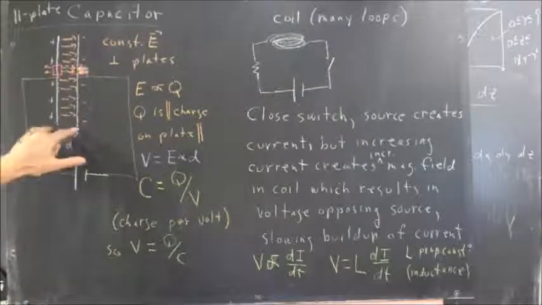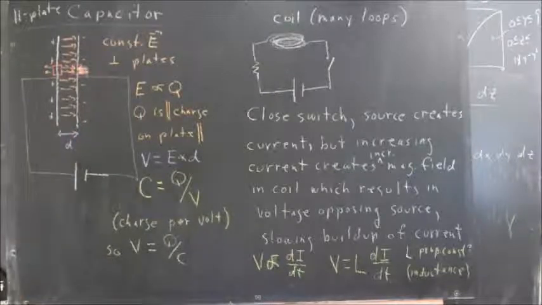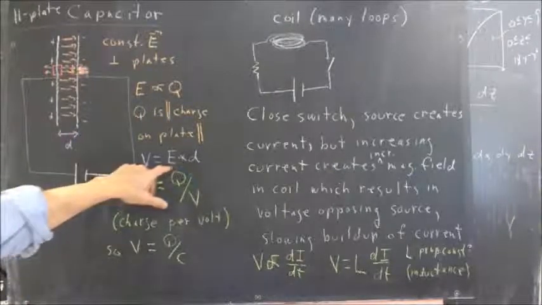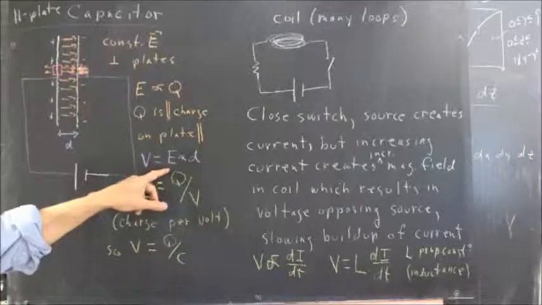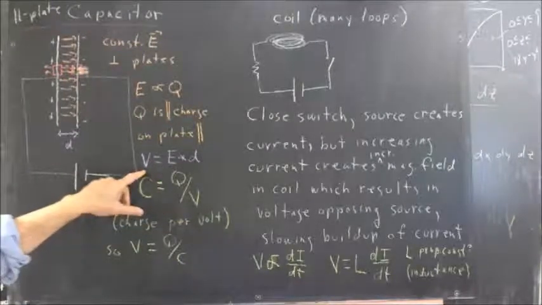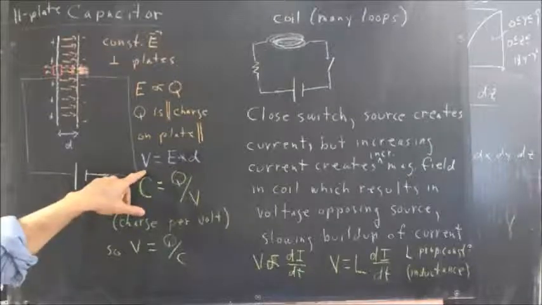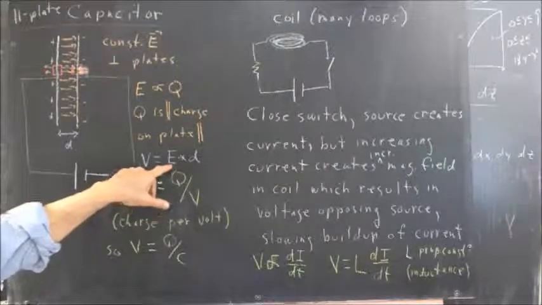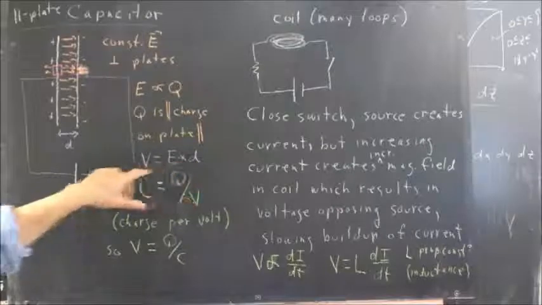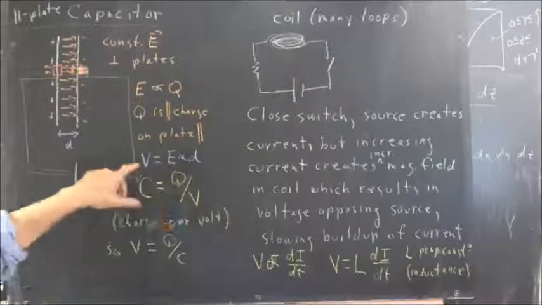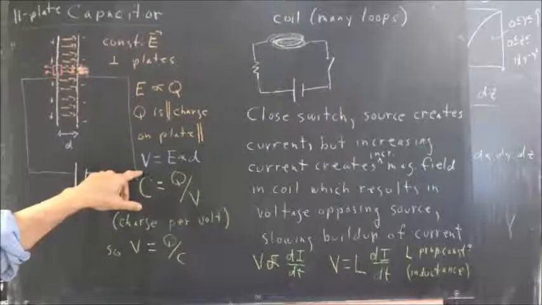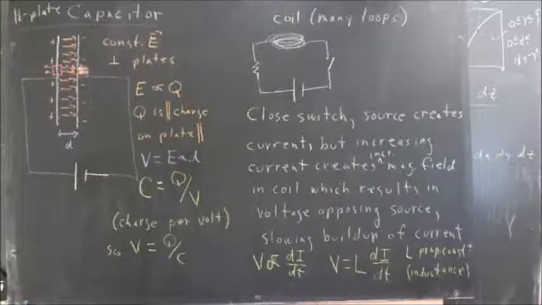Now, if the plates are separated by a distance d, then your voltage is equal to your electric field multiplied by d. Remember, the electric field is the force per unit charge. The voltage is the work done per unit charge. If you multiply the force by distance, you get the work. So if you multiply force per unit charge by distance, you get the work per unit of charge, or the voltage.